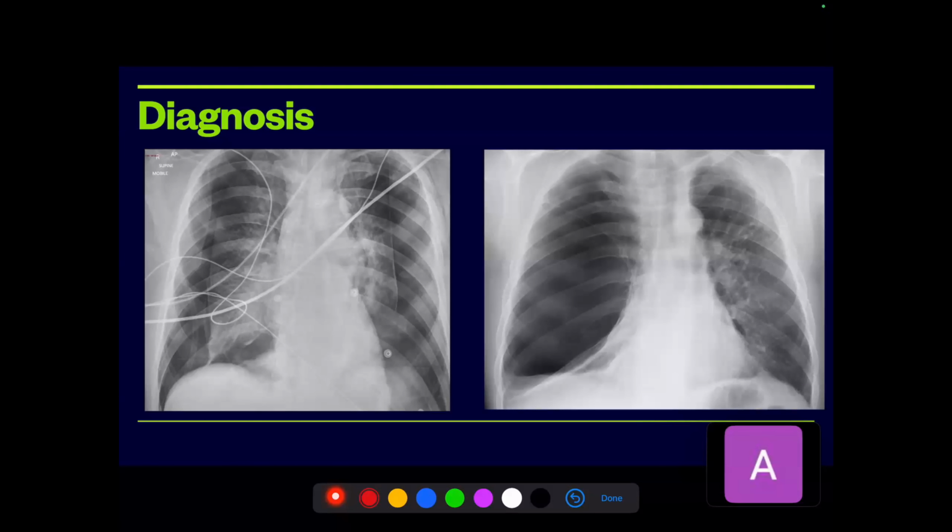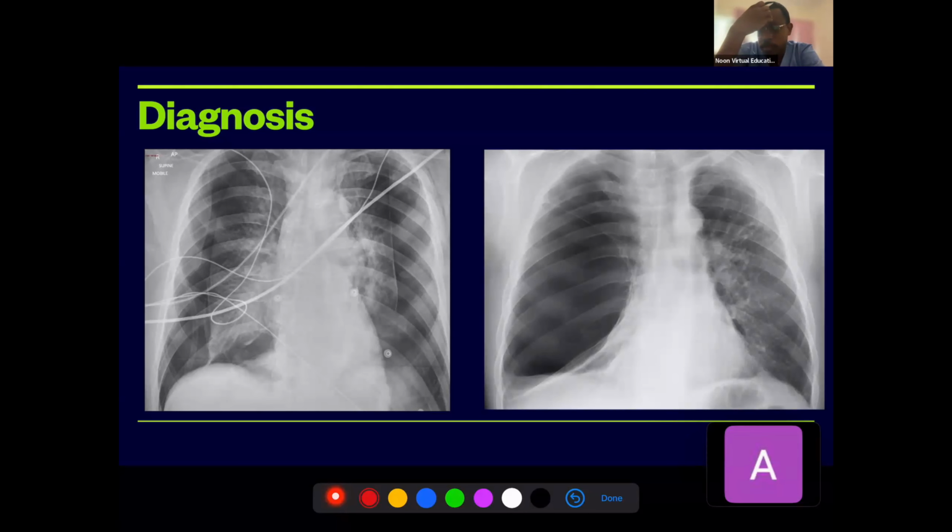Observing the two X-rays, the lung tissue in the pneumothorax goes parallel with the chest wall. In the bulla, it goes more concave. Okay. One of the findings, you are right, Asia.